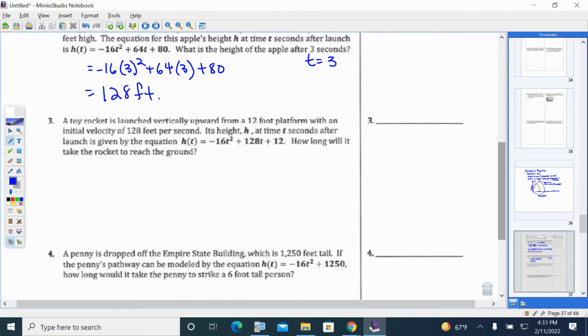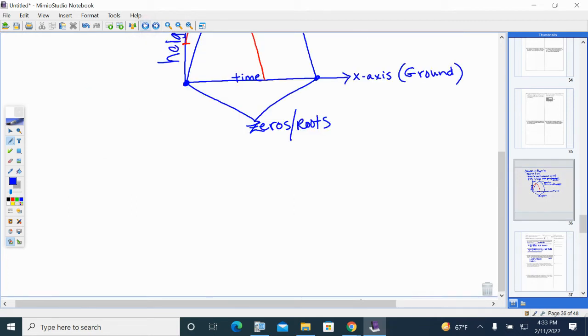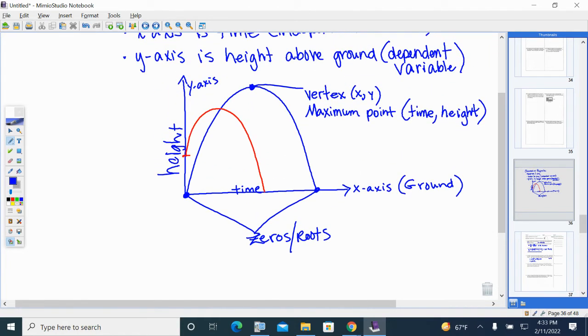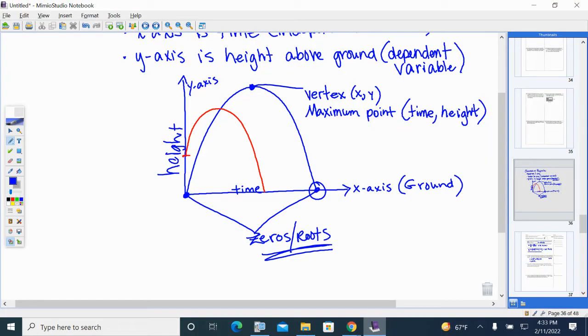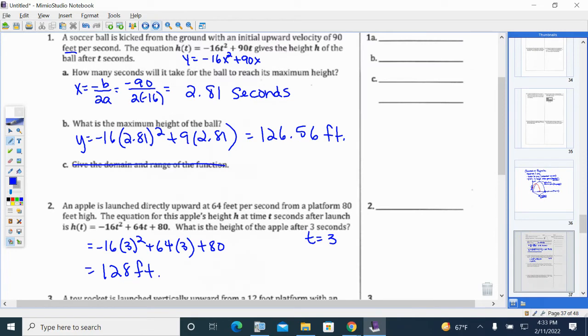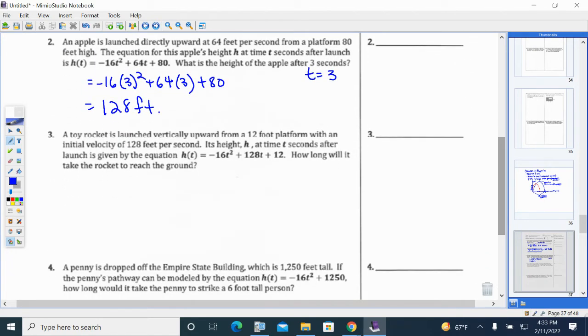Let me back up to this picture that I had over here. So it's asking me the value of when it comes back and reaches the ground. Well, those are the roots or the zeros. So basically, what it's asking us to do here is to solve the quadratic. Find the value of x is what that's asking.